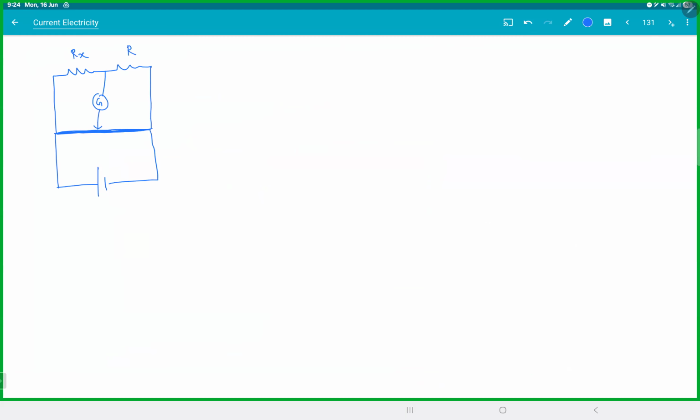This is Rx, this is R, this is X, this is L minus X. This is a Wheatstone bridge.